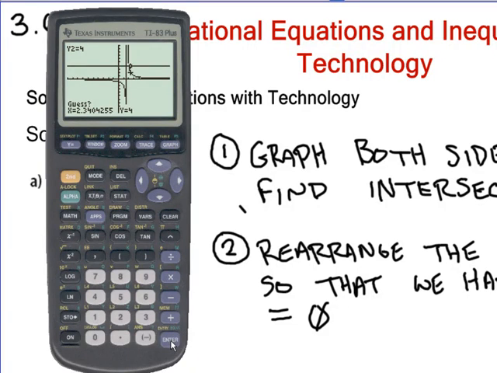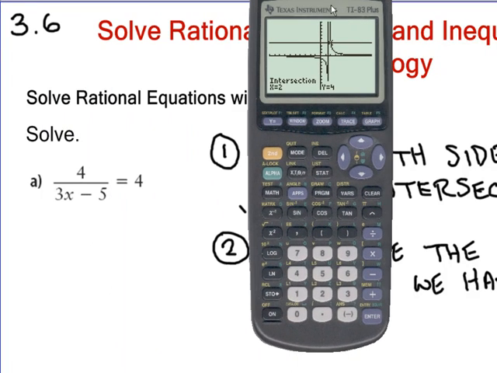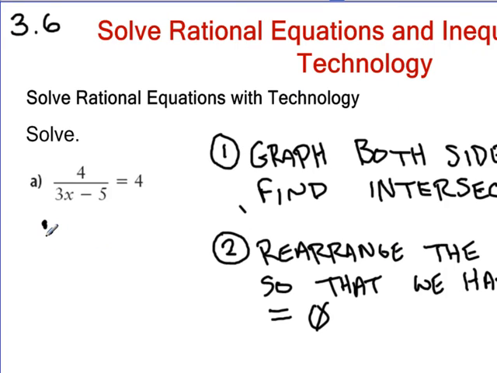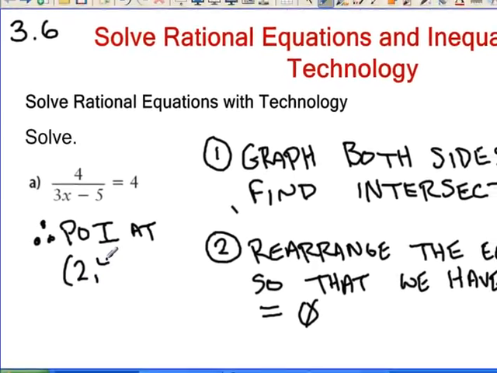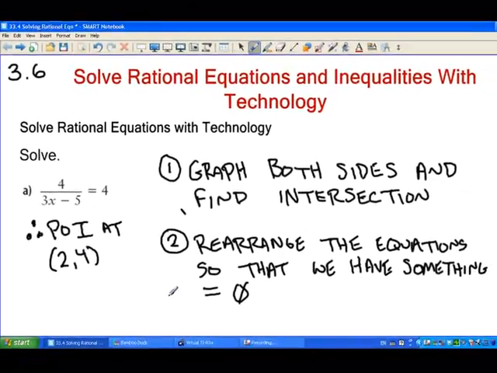And I hit enter one more time. The calculator does its thing, and the calculator tells me that my intersection is at the point (2, 4). So in my solution, I can say that the point of intersection is at the point (2, 4).